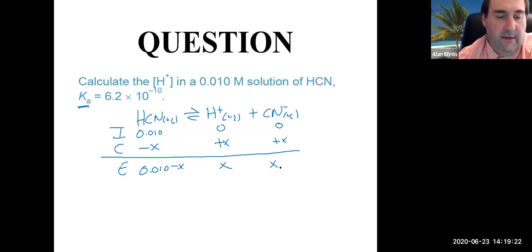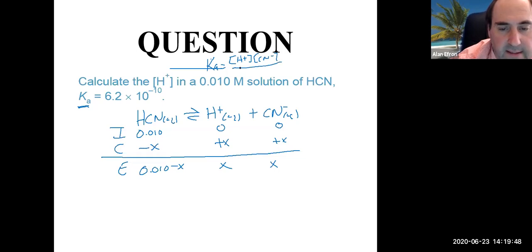Any questions on the ICE table? I moved some stuff around so I have somewhere to write. All right. So now what we want to do is go into our Ka expression. And again, our Ka expression is going to be our products, this is our H plus and our CN minus, divided by our HCN.